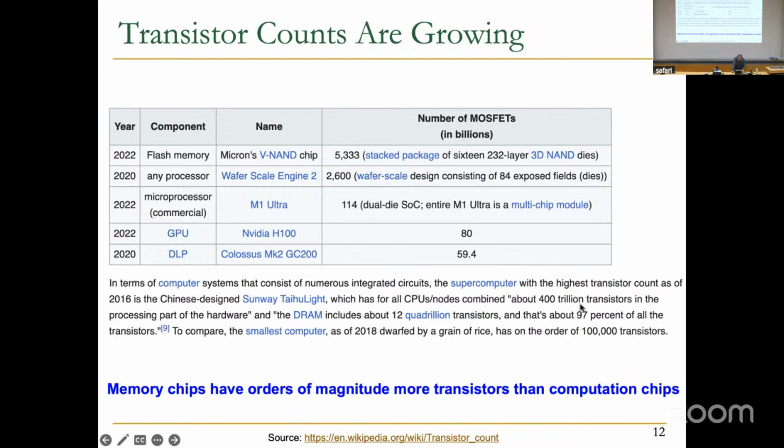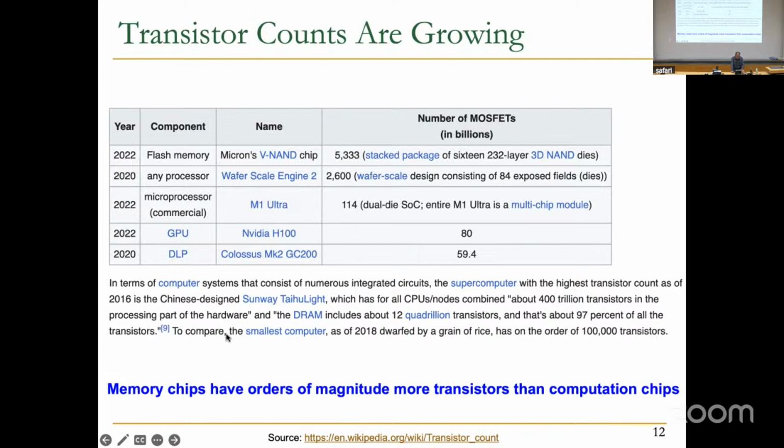You can see that here is also very important: DRAM includes about 12 quadrillion, that's 1,000 times a trillion, transistors, and that's about 97% of all transistors.